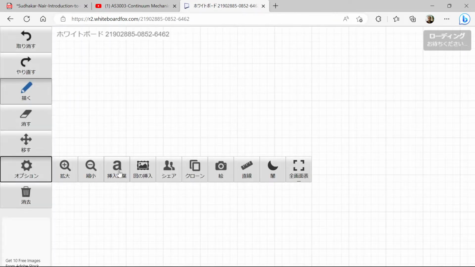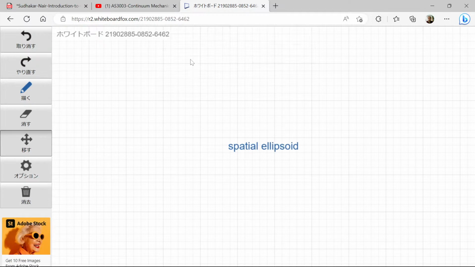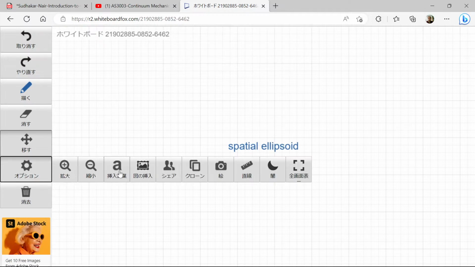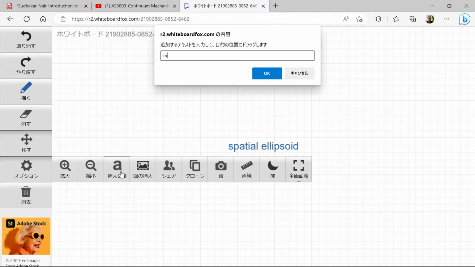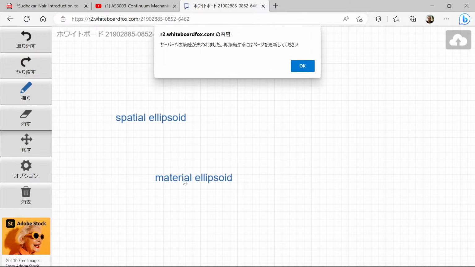Let me type. So spatial ellipsoid. This is spatial ellipsoid and material ellipsoid.